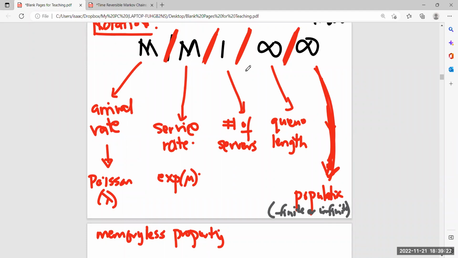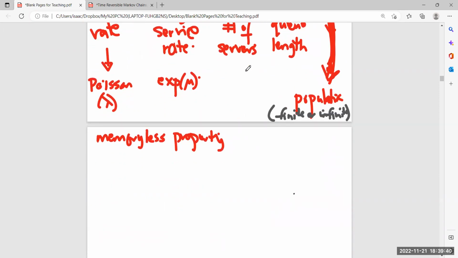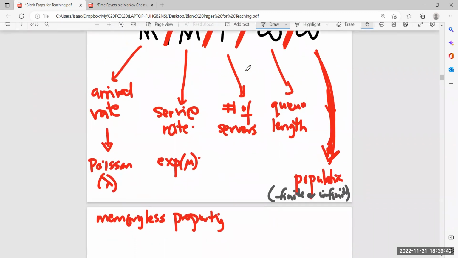So in that case, the population that it will look at will be finite. But if you join an ordinary line, with people joining a line, then that's infinite, right? Everybody okay with this?